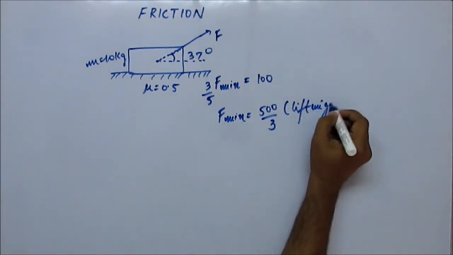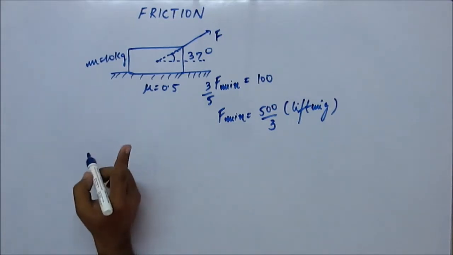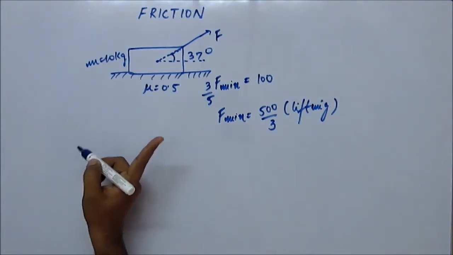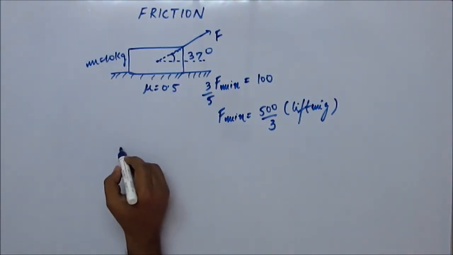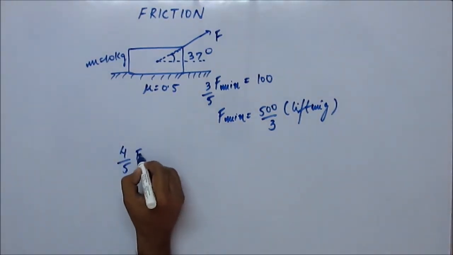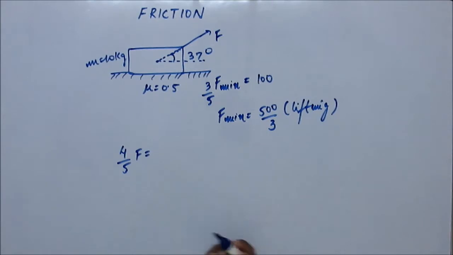Now, if the block is to be dragged, then the force that's going to do that is the horizontal component of the applied force, F cos 37 degrees. That is 4 by 5 F, and it should overcome the friction force, because that's the only opposing force in the horizontal direction.